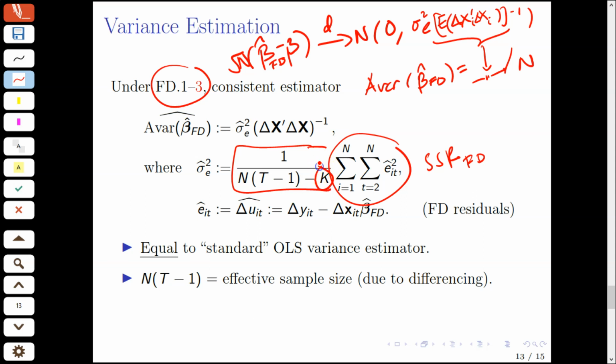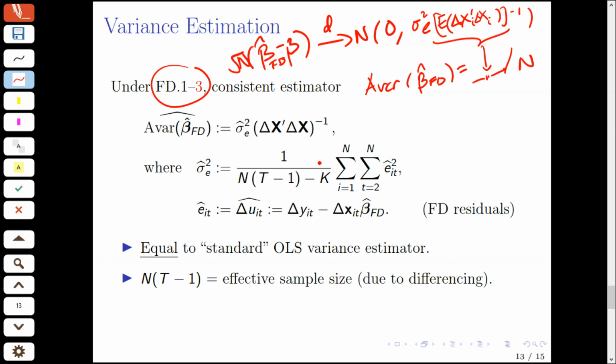Here again, we've included this degrees of freedom correction by subtracting k corresponding to the number of parameters in our model. Note here that these formulas correspond exactly to what would be spit out as a standard OLS type of variance estimator, say using a canned routine in Stata.